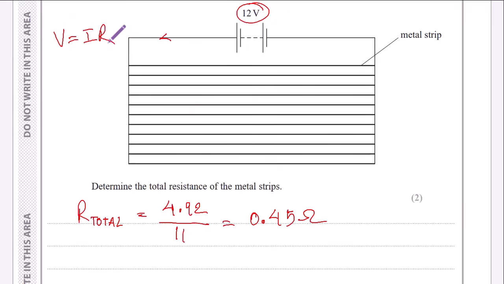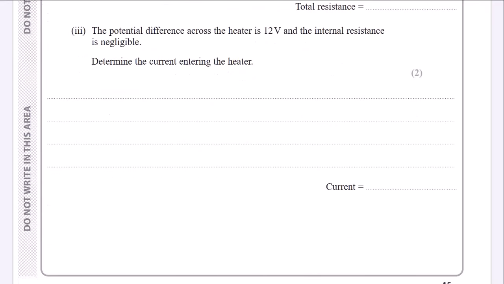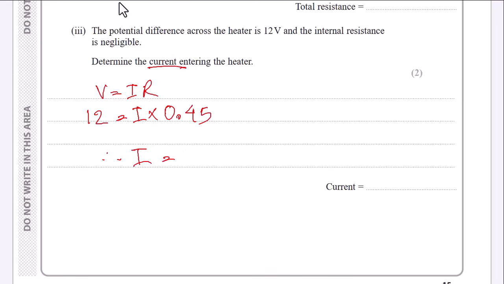I have V 12, I have R 0.45. All you do is make I the subject of the equation. V is 12, the question is asking for I, and R we just found is 0.45. Therefore, I equals 26.7 ampere. As always, never ever forget the units.